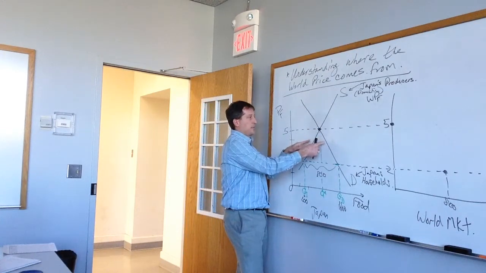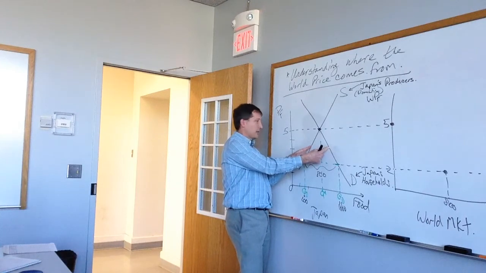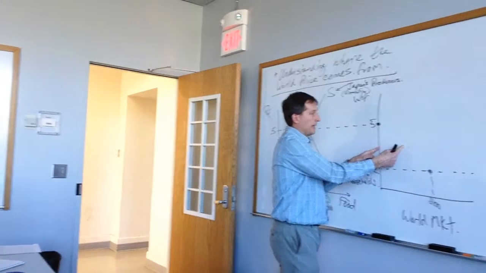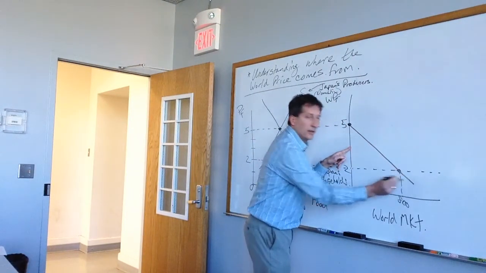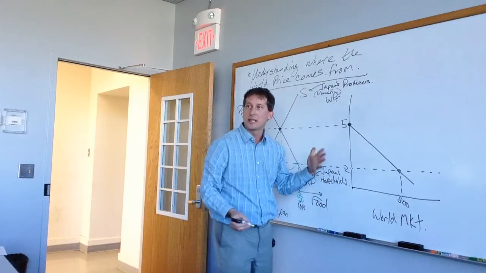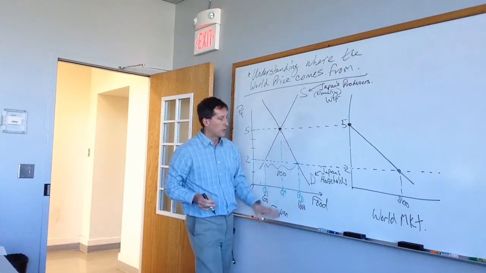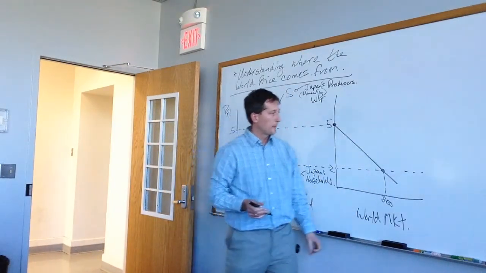As price starts to fall, if you take another chunk out of this, wherever you want to take the chunk and chunk it over, what would end up happening is you're going to put things right in a straight line. And now that becomes the world demand or excess demand for food in the international market.